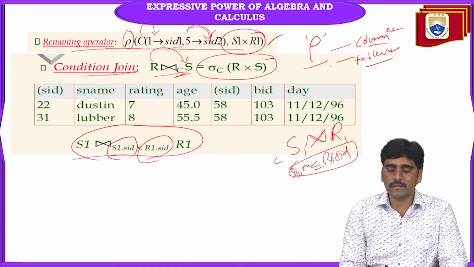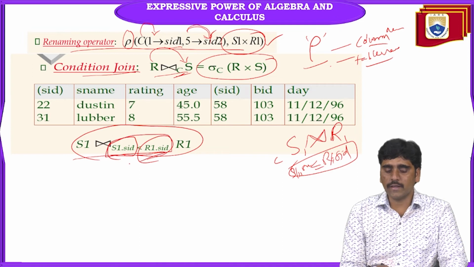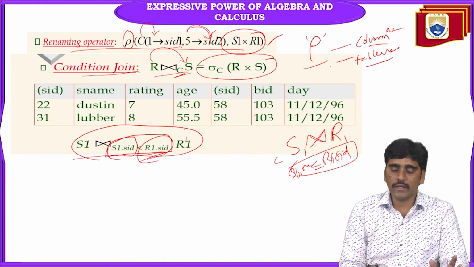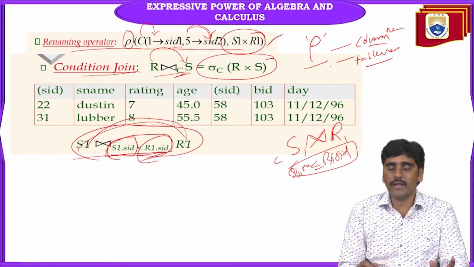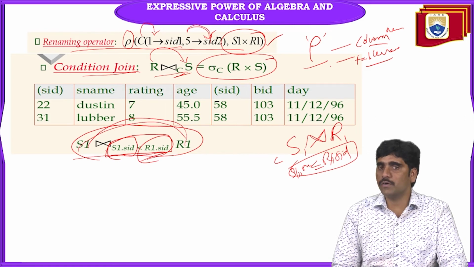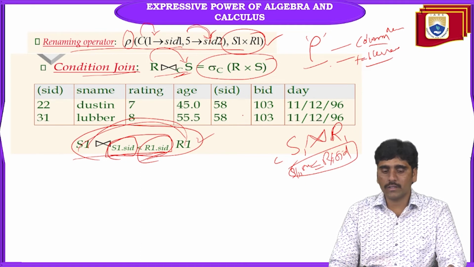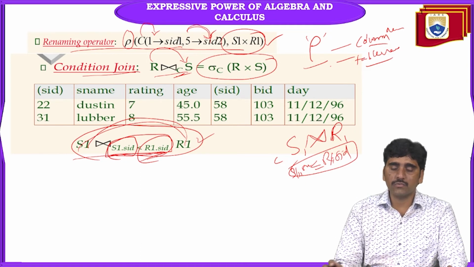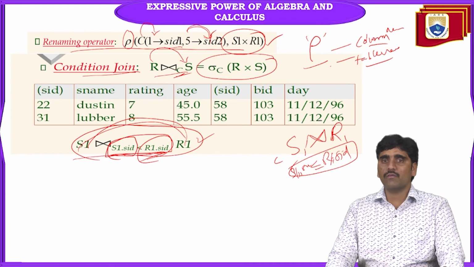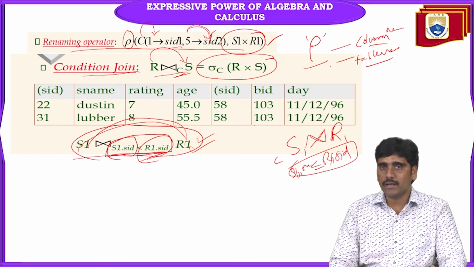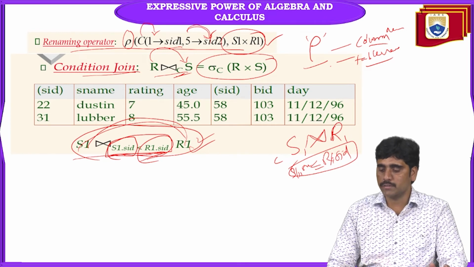So I am taking the condition as S1.SID less than R1.SID and joining those two tables. S1 joins with R1. So two tables are joined together on the basis of the condition S1.SID less than R1.SID. Right. This is the way I can represent the conditional join operation.